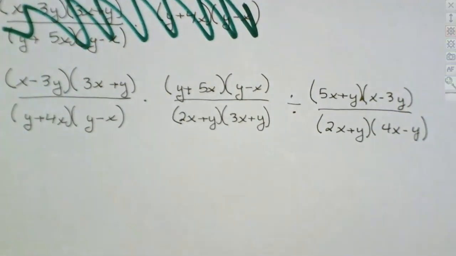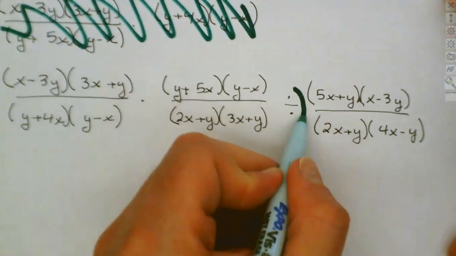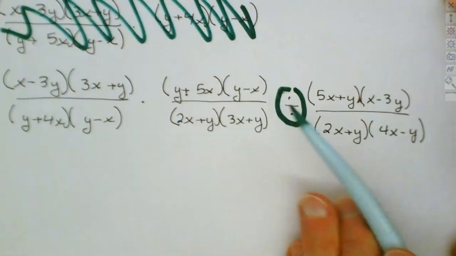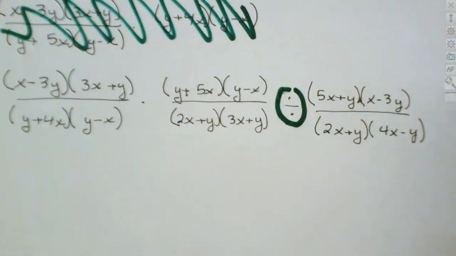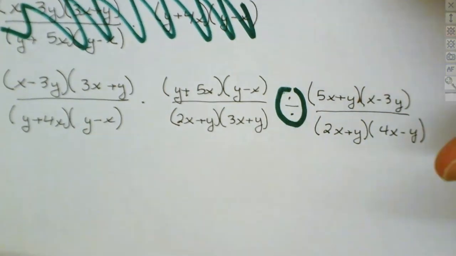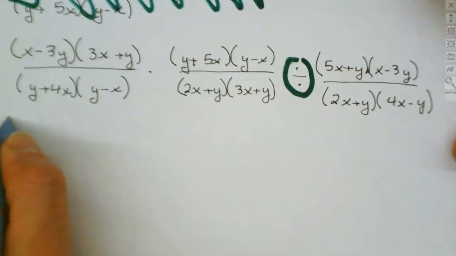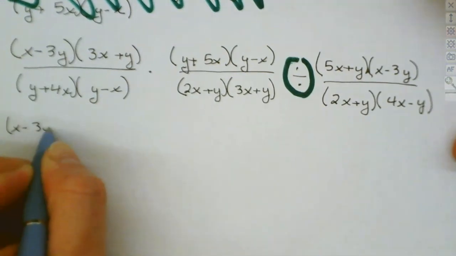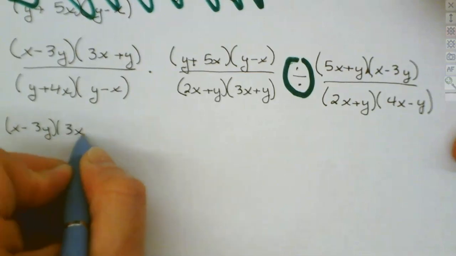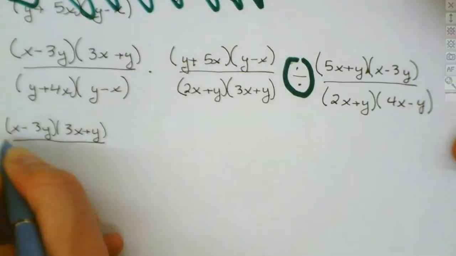We can now begin canceling. Do not cancel with this over here because this is division. I would probably say rewrite it again with multiplication and then just start canceling. So we're now going to just rewrite this one more time quickly with that multiplication instead of the division.